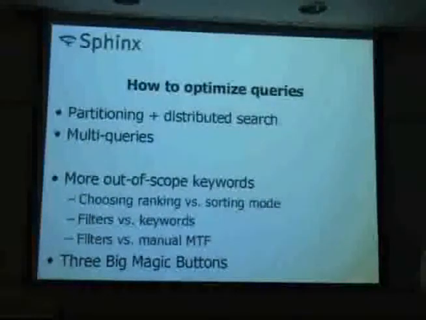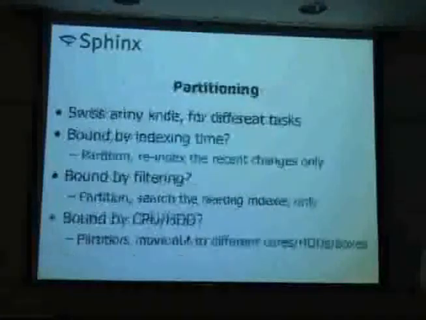First thing I'd like to cover is distributed searching. And second thing I'd like to mention is multi-query, because I believe these two are the most interesting additional features beyond just basic searching and the select syntax overlay.